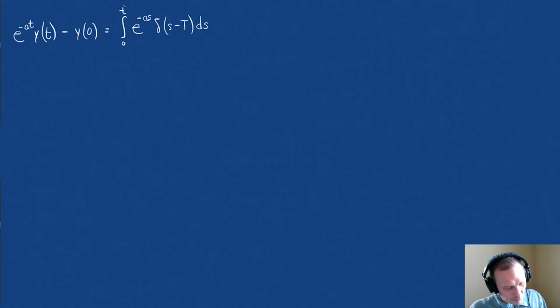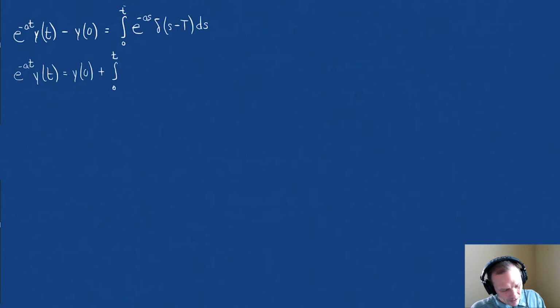So I have, let's start cleaning things up. This is e to the minus at y of t equals y of 0 plus the integral from 0 to t, e to the minus as delta of s minus T ds. And then finally, we multiply everything out by the reciprocal of e to the minus at, which is e to the positive at.